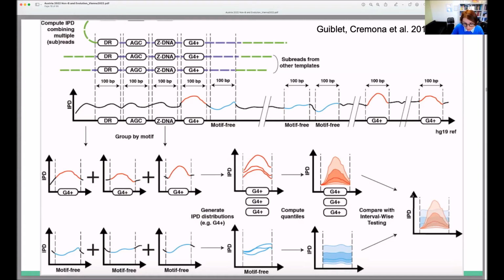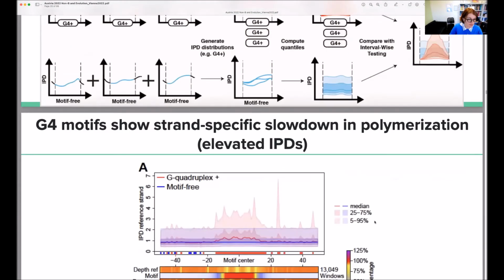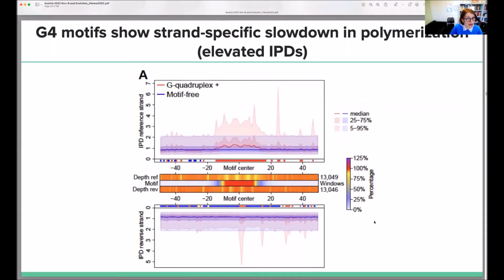And then our interest was to compare the two distributions, between the motifs distribution for timing of incorporation of nucleotides versus the controls. And we used sophisticated statistical techniques of pairwise testing to compare these two distributions. It's the same idea, just following the same colors to keep your intuition.